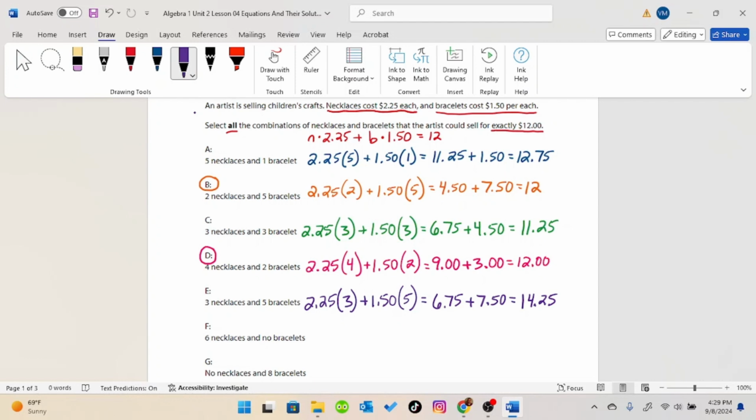That is not $12, so E is not a possible combination.